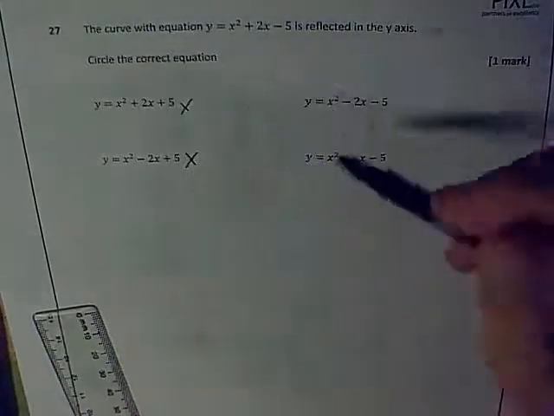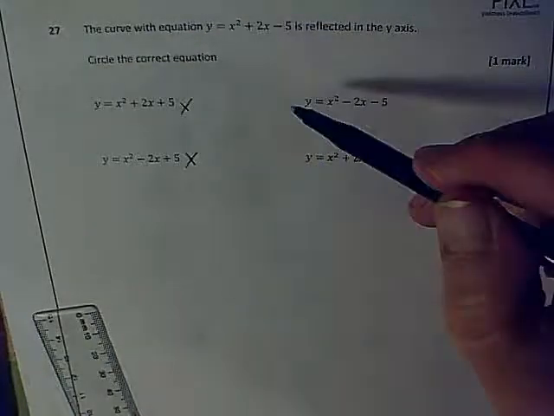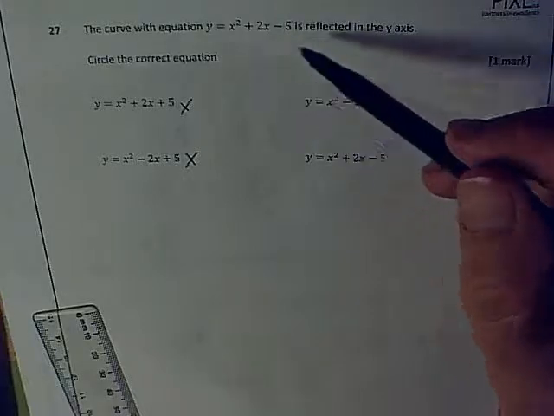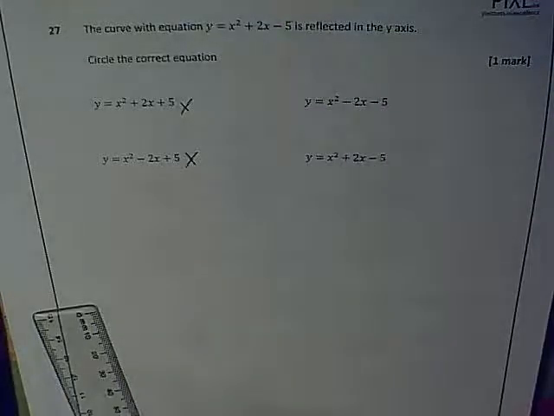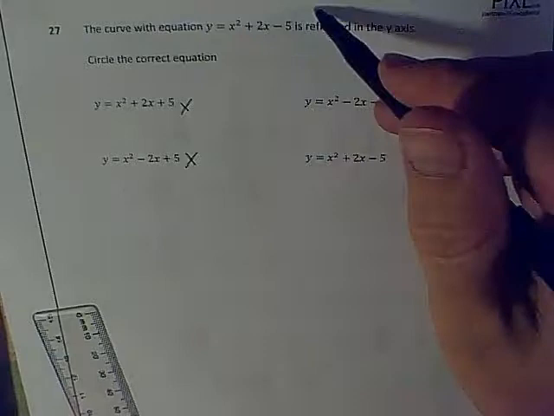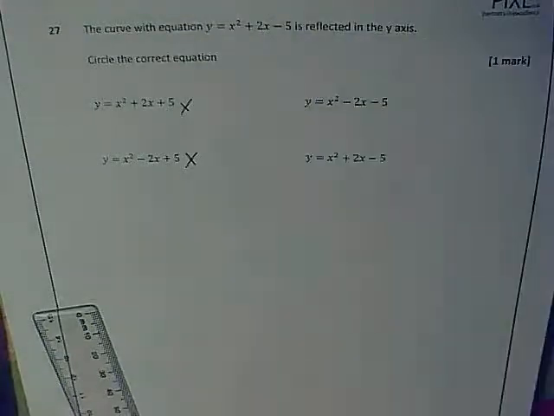Now, I'm going to show maybe what I might do in order to think about the sketch of this graph. What I might do is consider this and do completing the square with it.